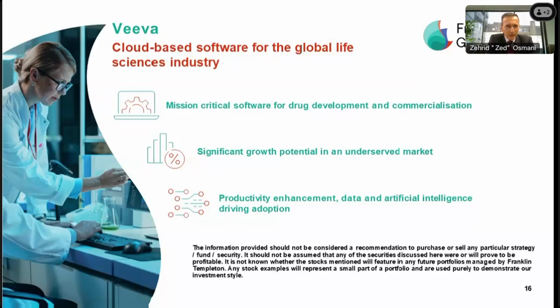And as we highlighted from that aging population trend, there is a need for more healthcare infrastructure, and Veeva Systems is giving the ability to the healthcare industry to have some enhanced productivity, as well as harness data and artificial intelligence, which in our view should drive adoption of its software. And again, a high return on invested capital company with a very attractive growth profile.